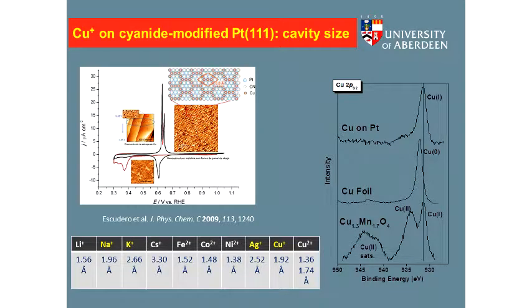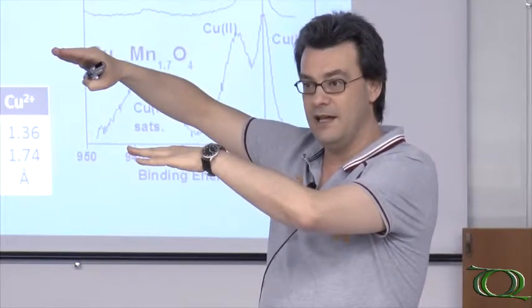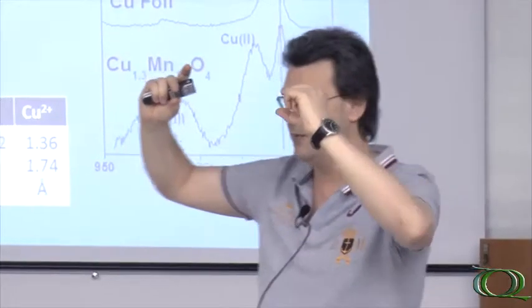But if instead of that you use silver or copper, you could reduce these non-covalently attached cations to the metallic state. And if you are lucky, you might have a sandwich. You might have your metal, your cyanide layer, and a bidimensional metal film on top of your molecular layer.